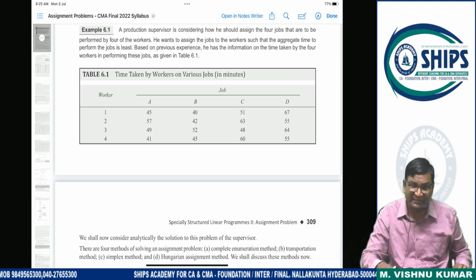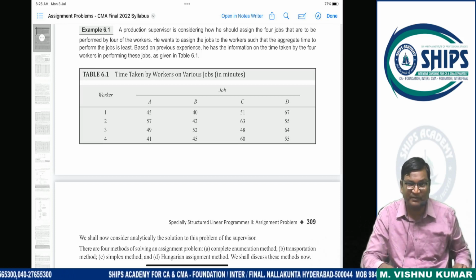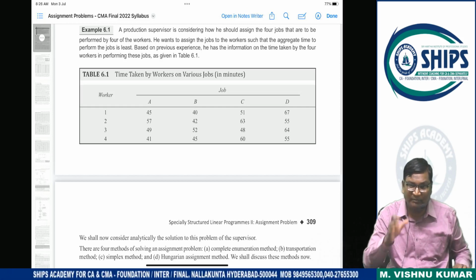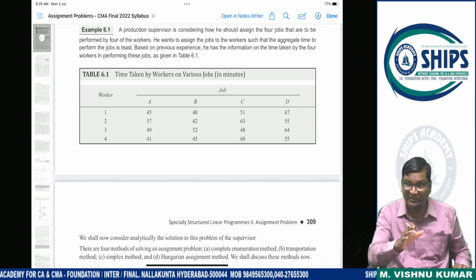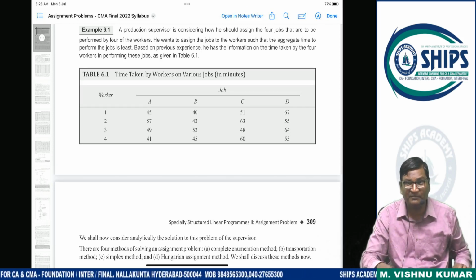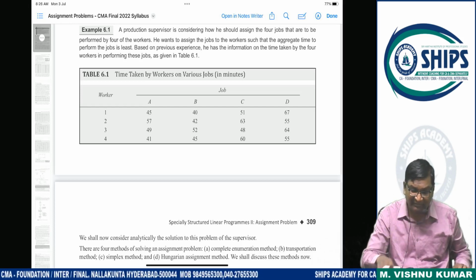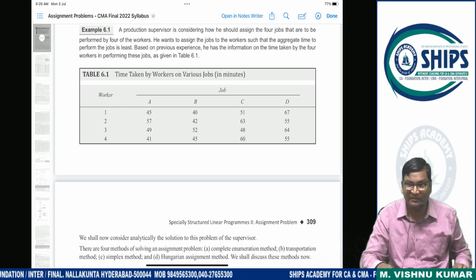इसको सिंपल तरीके से कैसे समझना है, सुनिए. One male, one female can marry with each other. Two females can marry with one person, or two male persons can marry with one female. ऐसा शादी देखे कभी?